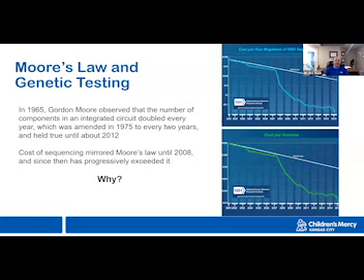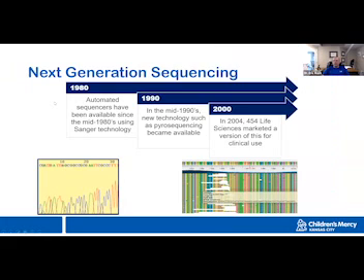Why did that happen? The reason is new technology, what we now call next generation sequencing. Next generation sequencing really had its start in the mid to late 1990s, and it developed when it did because necessity is the mother of invention.